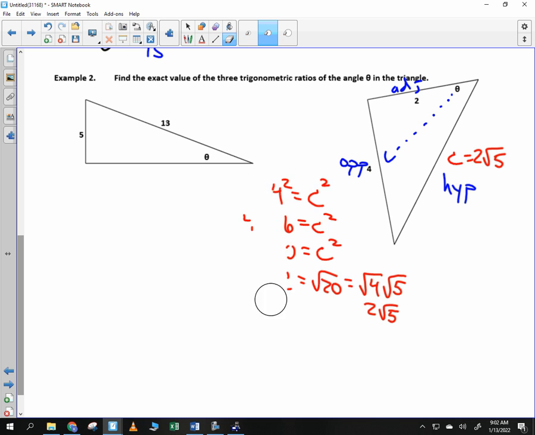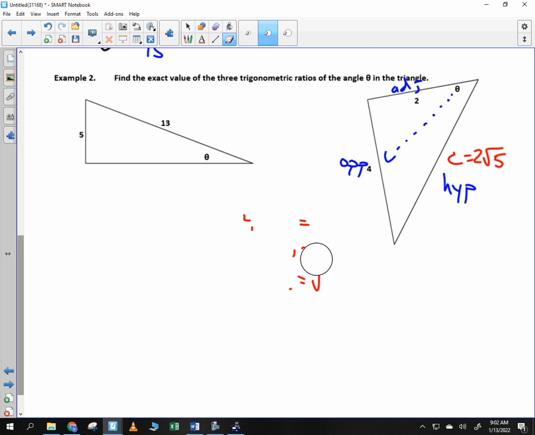So I'm going to write this out, sine, cosine, and tangent. Sine of theta is equal to what? This thing, 4 over 2 roots of 5.